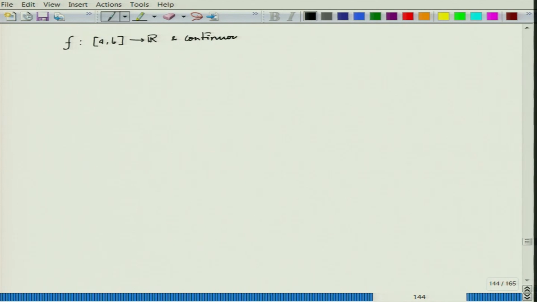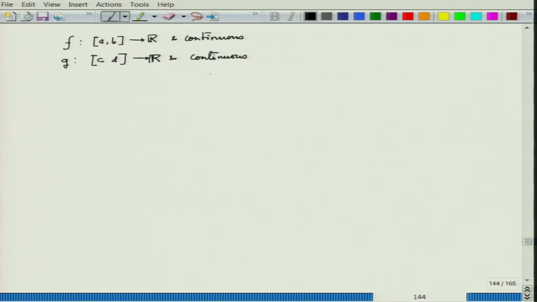Continuous means, by the Weierstrass theorem, that there is an upper bound and a lower bound, and the bounds are achieved. This is a basic result in one variable calculus.